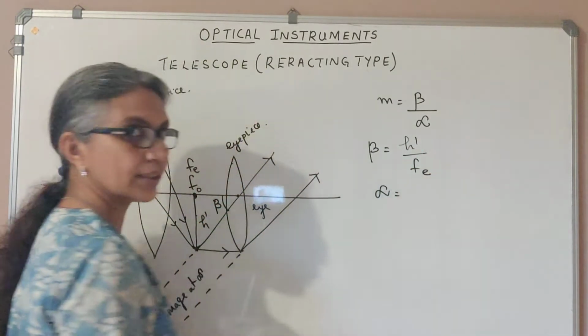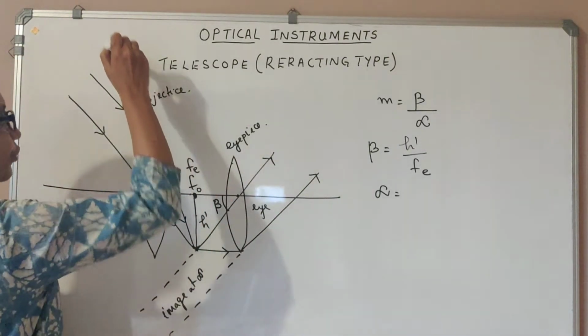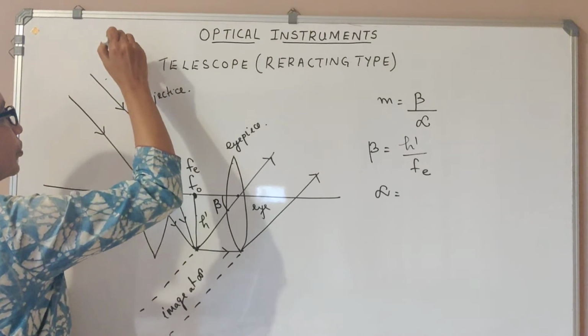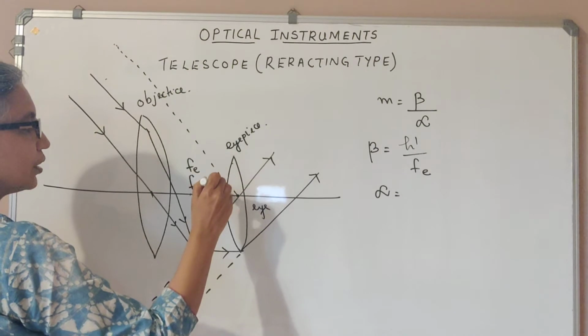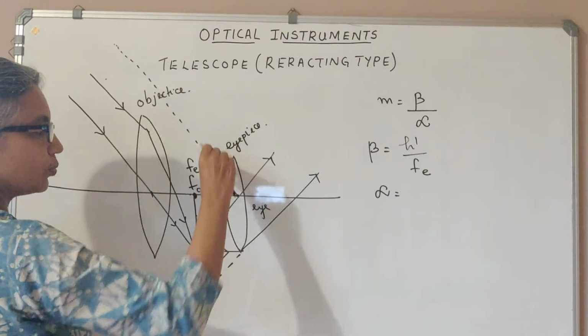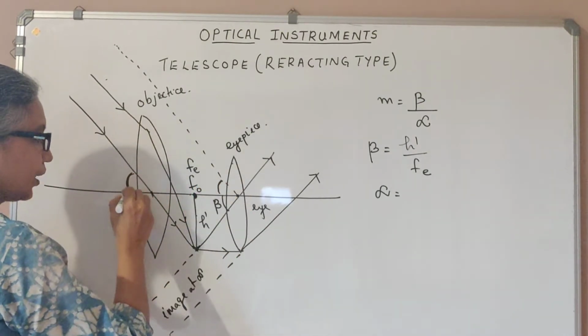Alpha we know is the angle subtended by the object at the eye. So from the object, if I take to the eye, I need to draw another parallel ray, right? This is the dotted line I am drawing to the eye. This angle is going to be alpha because it is the angle subtended by the object at the eye. Now this angle and this angle will be the same, right?